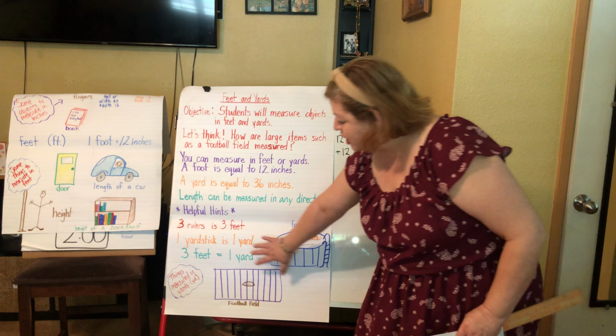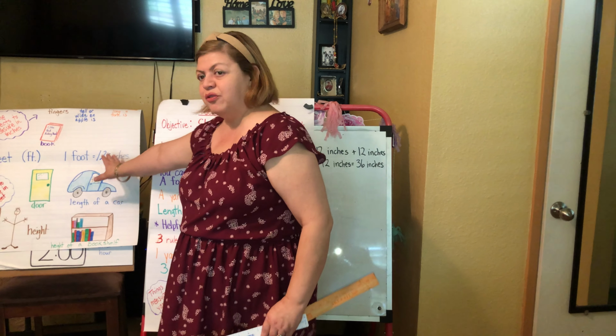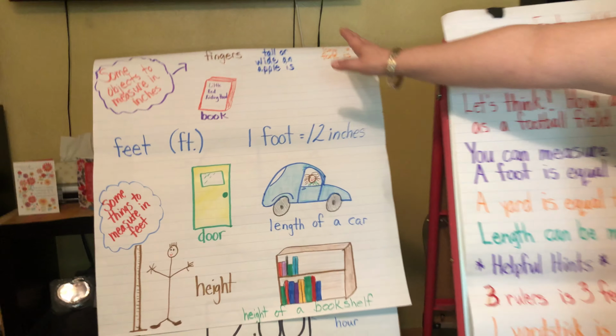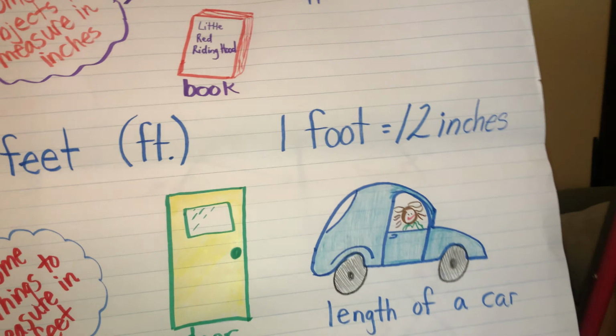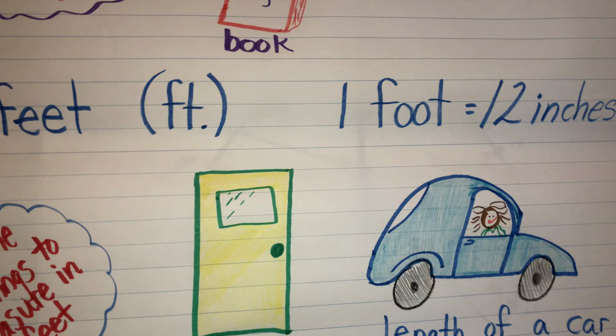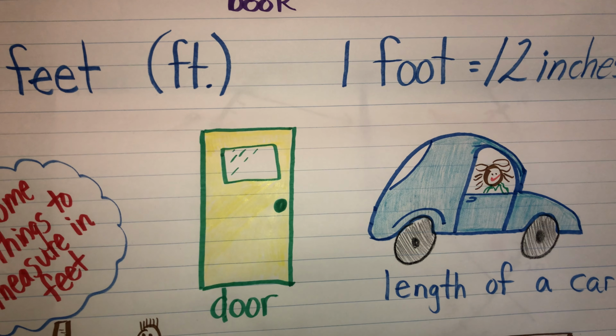Now, before I look at this part of the chart, I'd like to refer back to the poster that we talked about yesterday. Yesterday we talked about the inches part, but today I'd like to talk about the feet part, since our lesson is on feet and yards. So feet, if it is abbreviated, you see it there in parentheses, the F, the T, and a period.